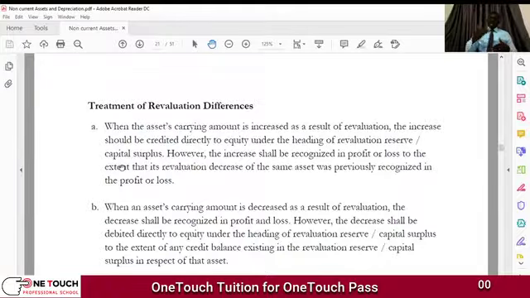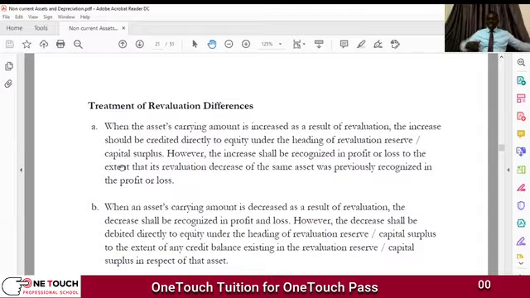Okay, good. Then on subsequent measurement, if it's a gain, because on first revaluation it was a loss and we took it to P&L, now that we have gotten a gain, we can't send that gain directly to equity. Now we must send a portion of the gain or all the gain to P&L to the extent that it reverses the initial loss.